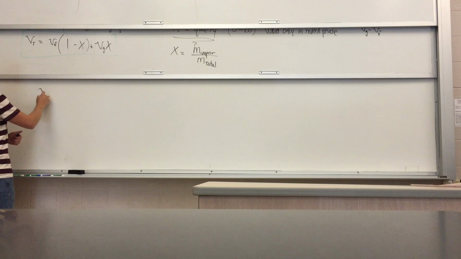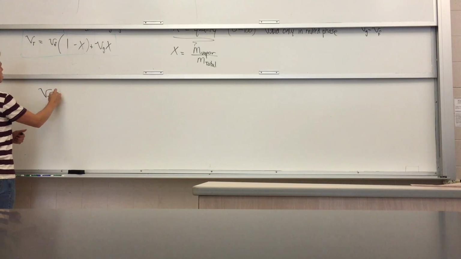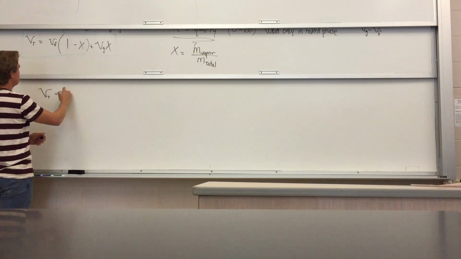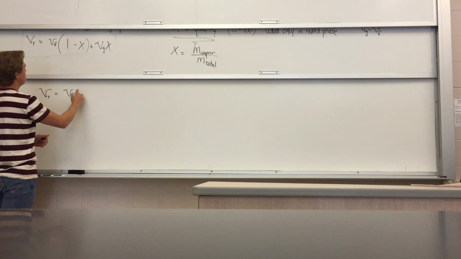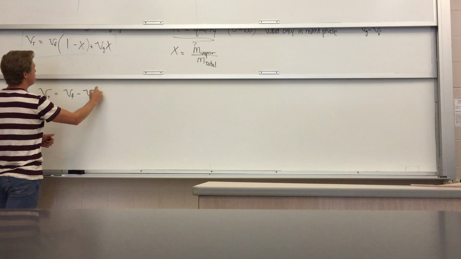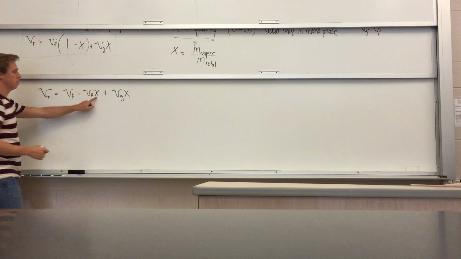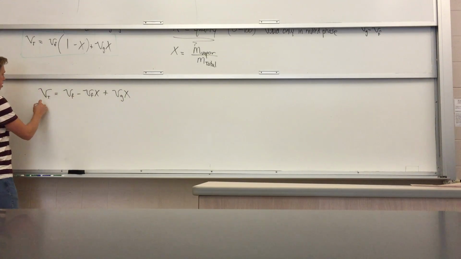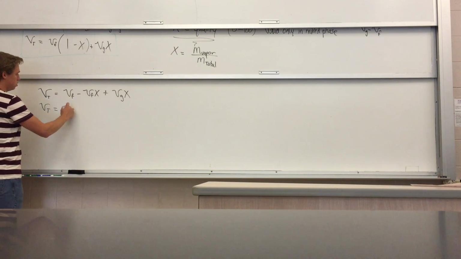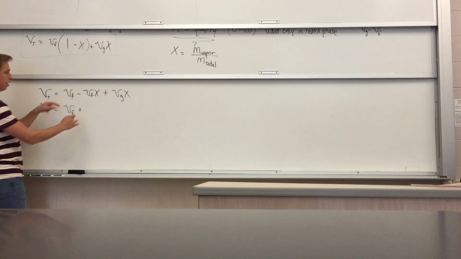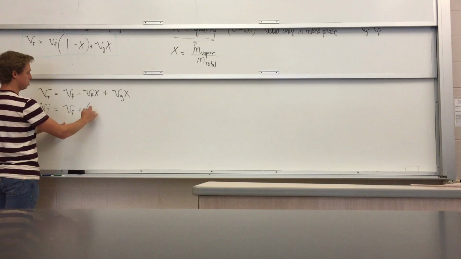rewrite. I'm going to distribute, so volume of the fluid minus volume of the fluid X plus volume of the gas X, and group the X's together. Volume total equals the volume fluid minus, or I'll actually factor out that minus and put this one first.